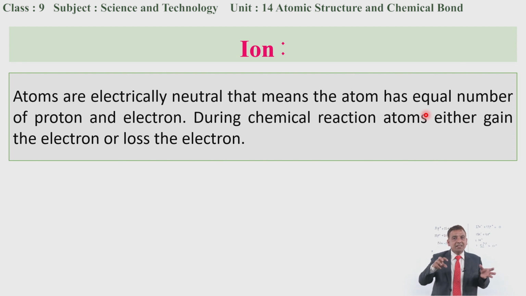By gaining or losing electrons, the atoms gain charges. This state of atom is also known as ions. As I have told you, atoms are electrically neutral, but when they gain or lose electrons, they have charges. So this charged state of an atom is known as an ion.